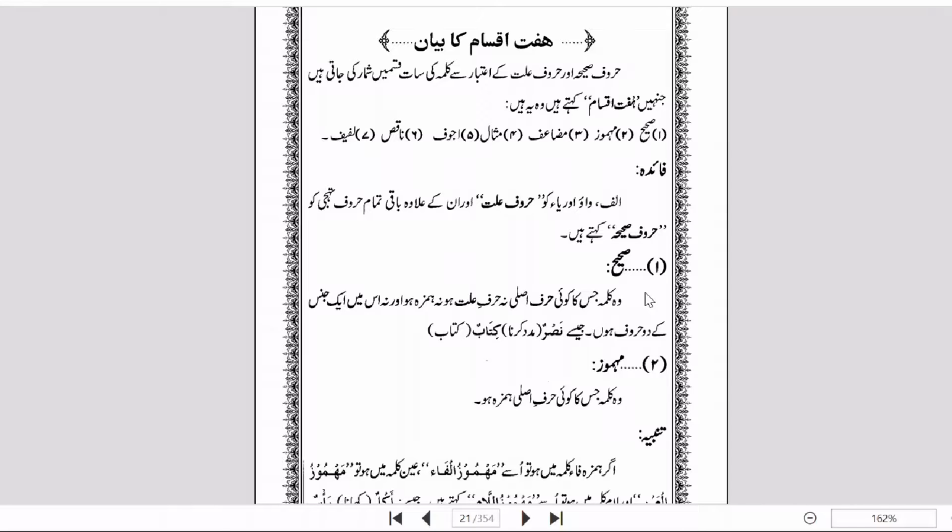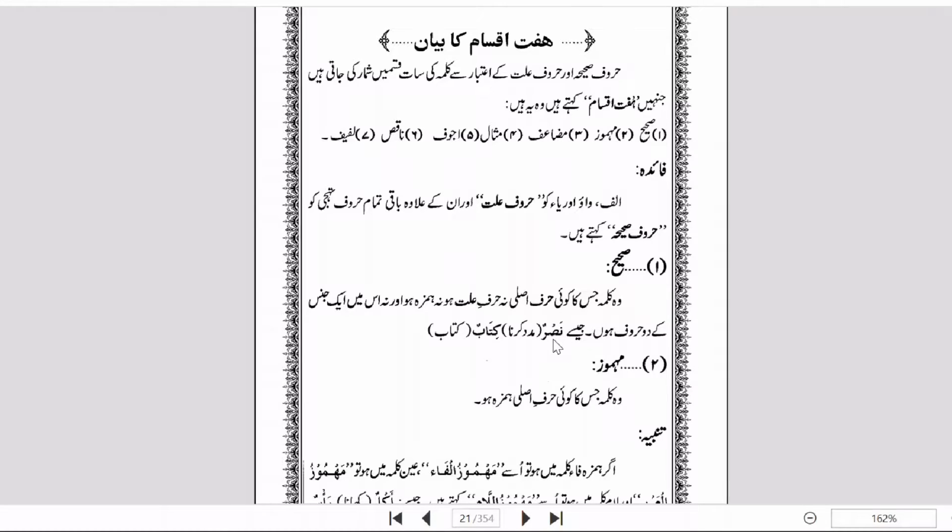Sahih is a word which has, in its huruf asli, no harf illat, no hamza, and no two letters of the same type. So for example, Nasrun, meaning to help.